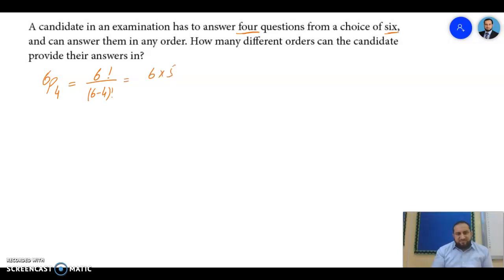That means 6 times 5 times 4 times 3 times 2 factorial over 2 factorial. Multiplying, 6 times 5 is 30, 30 times 12 is 360, so there can be 360 arrangements he can give.